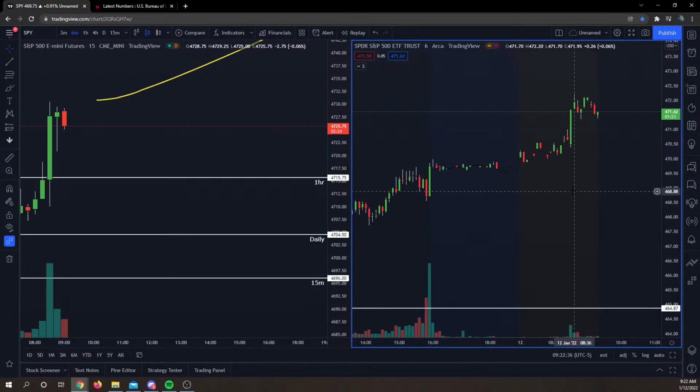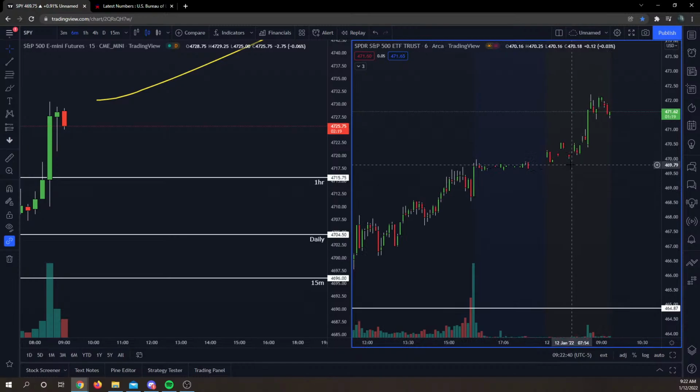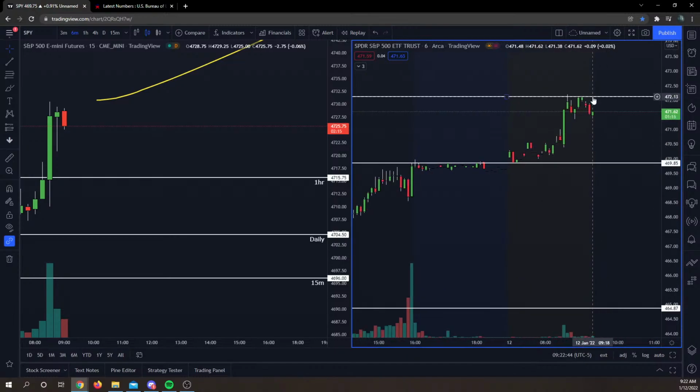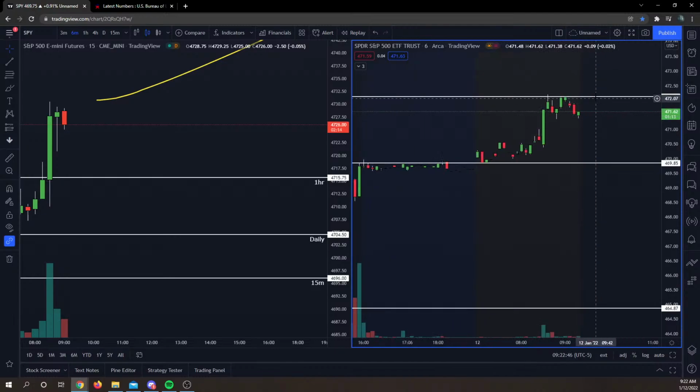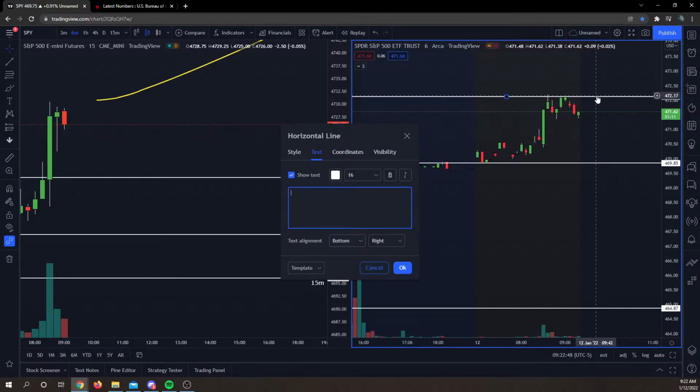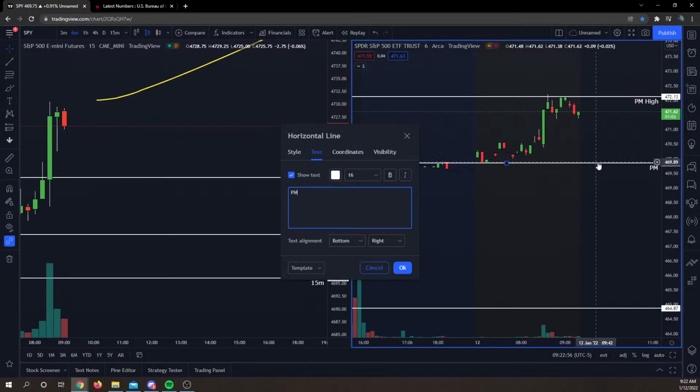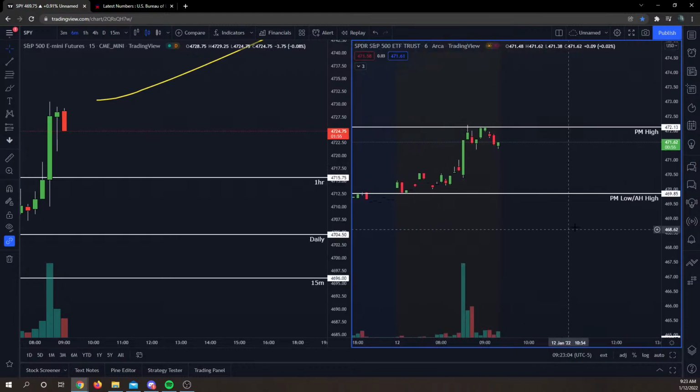So what I look for and identify with is our levels from pre-market and after hours. So what I'll be lining here on the chart real quickly is our PM high and our PM low and after hour high. So these are the levels that I'm looking for at open.